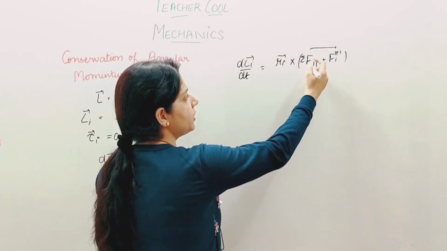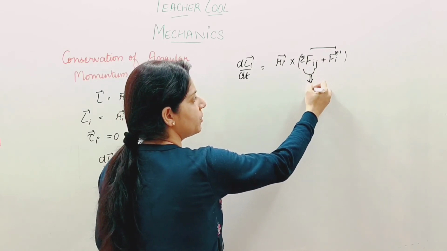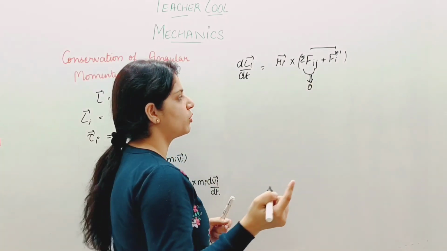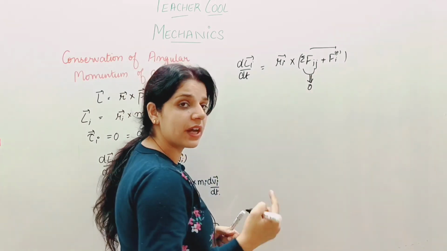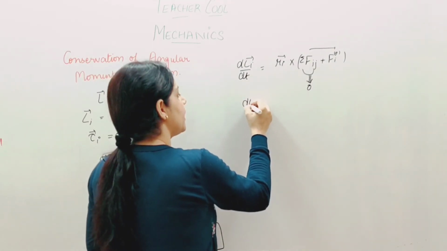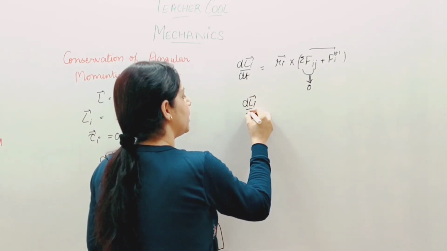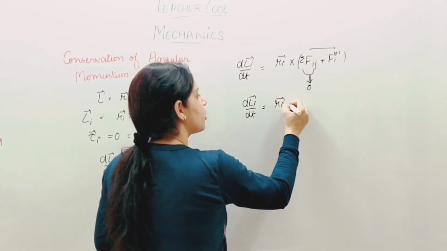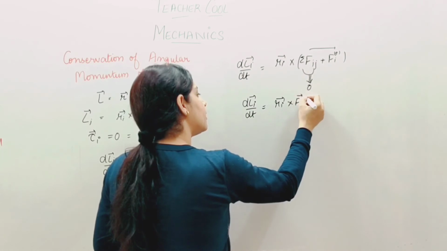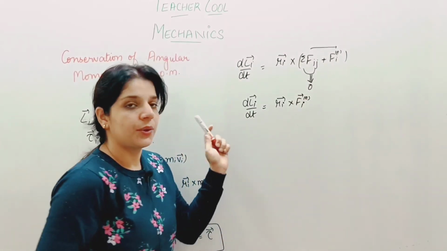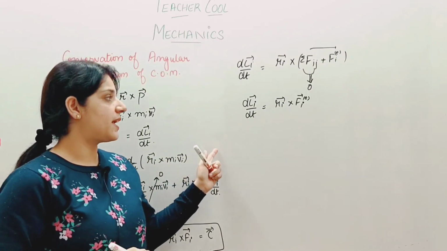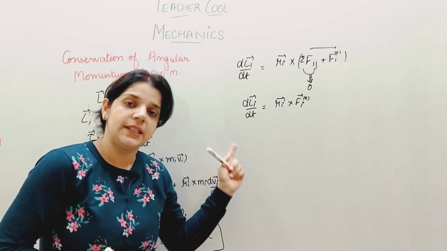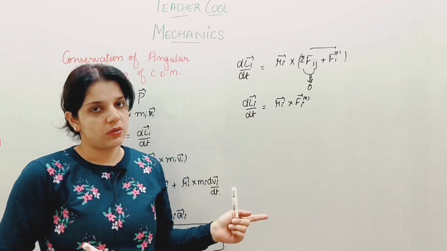So we knew that the summation of this came out to be 0 according to Newton's third law of motion. So I was only left with Fi. I will get dLi vector over dt is equal to Ri vector cross Fi vector external. During the conservation theorems, we say that the externally applied force is always 0.